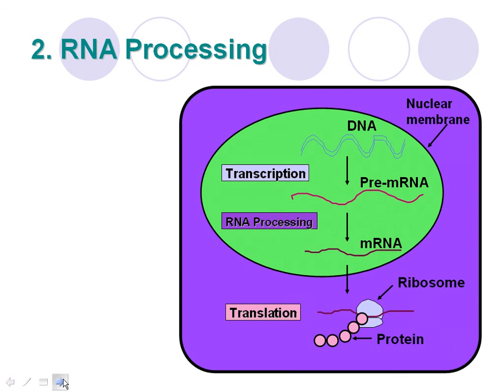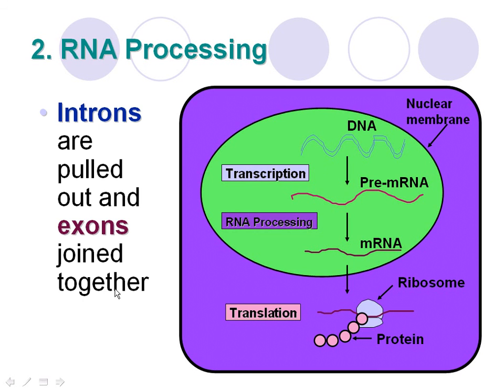Okay, so then with RNA processing, remember we said once we've produced our messenger RNA, that the messenger RNA will have to be processed. It is a pre-messenger RNA molecule that has coding regions as well as non-coding regions, also called nonsense regions, and we call those nonsense regions introns.